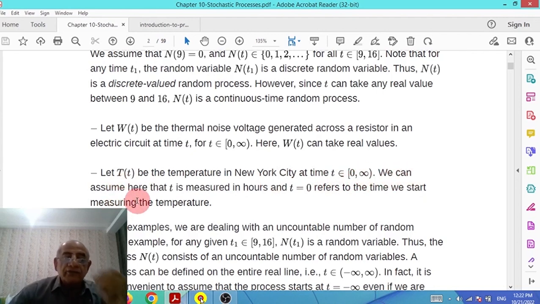We can assume that t is measured in ohm, and t equal to 0 refers to the time when we start to measure temperature.